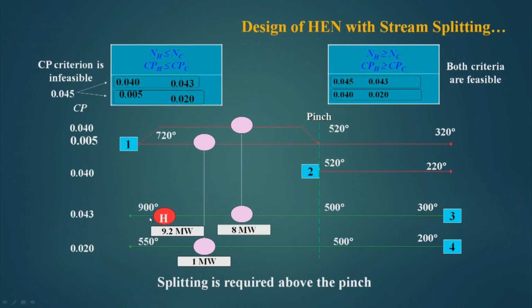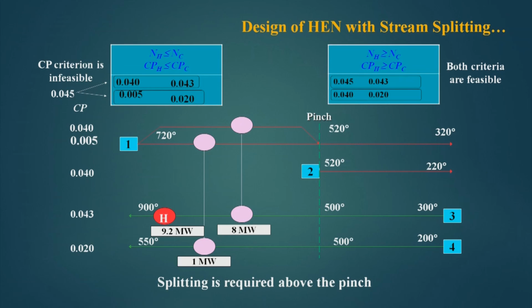But the requirement of this stream is more than 8 megawatt. So, the requirement is 900 minus 500 into 0.043, which comes out to be 17.2 megawatt.